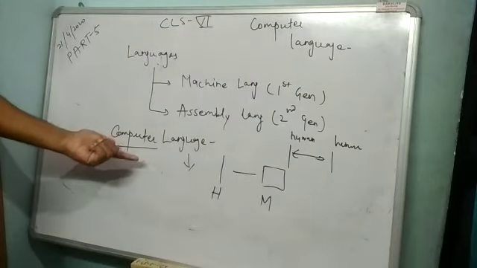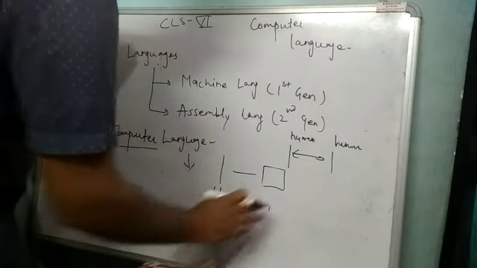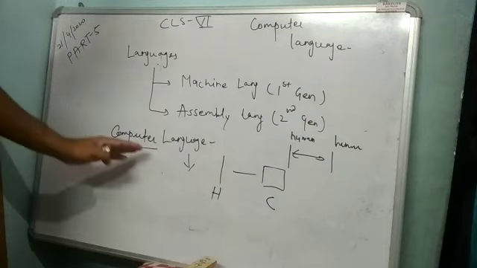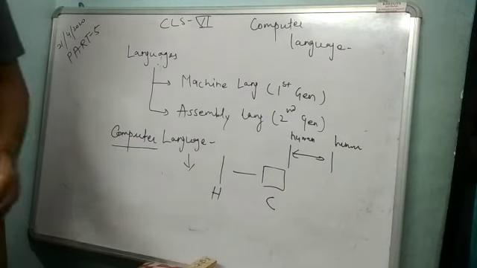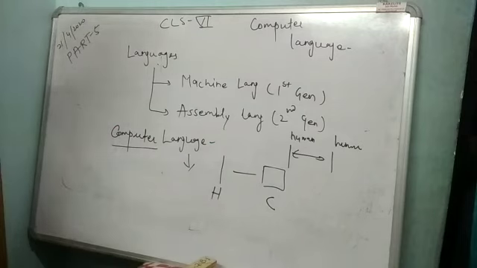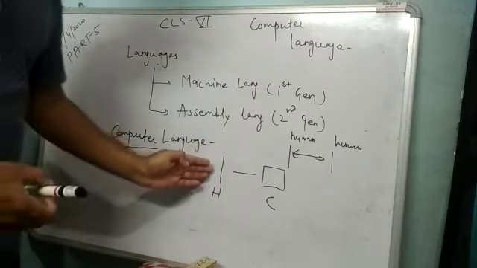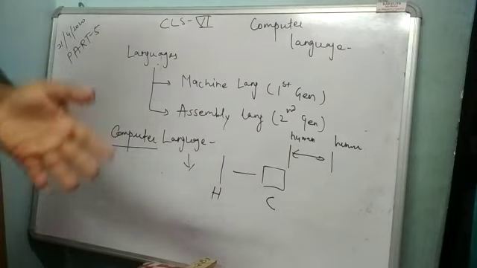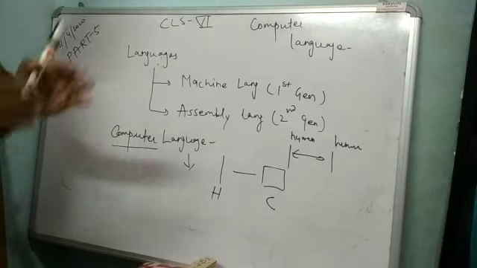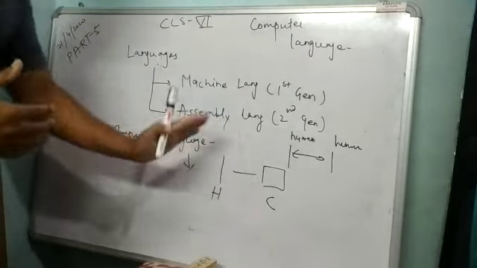That's why we use computer language. Computer languages are the set of instructions which the user uses to give instructions to the computer and get some result. Basically, computer languages are a set of instructions to create communication between user and machine.